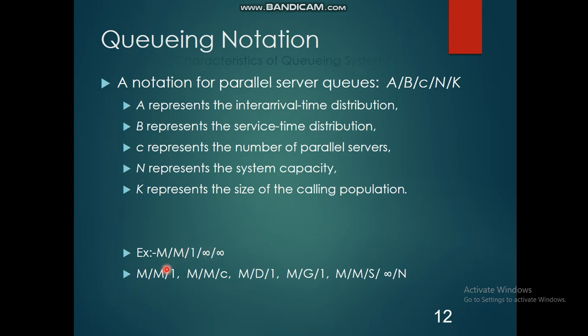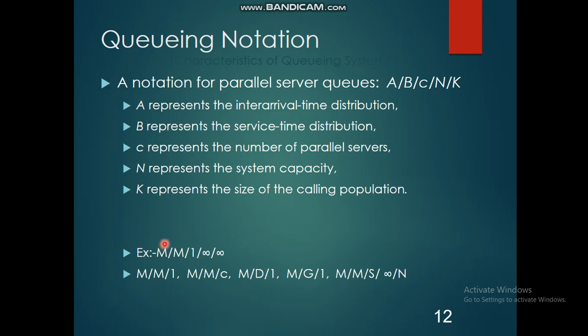Instead of writing A/B/C with A, I can replace this A by one more term, that is M, or sometimes D, and also sometimes G. If you represent M, that means it follows the Poisson distribution.